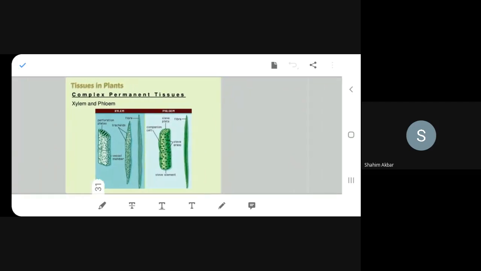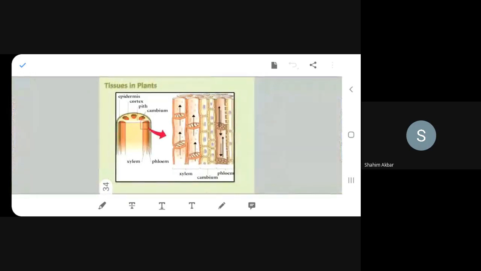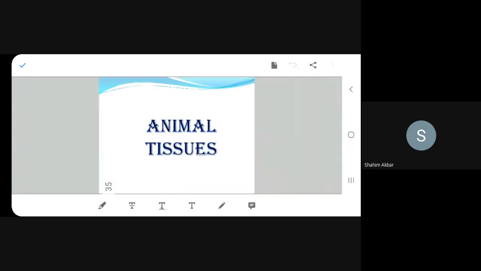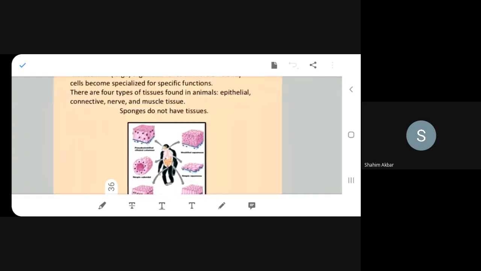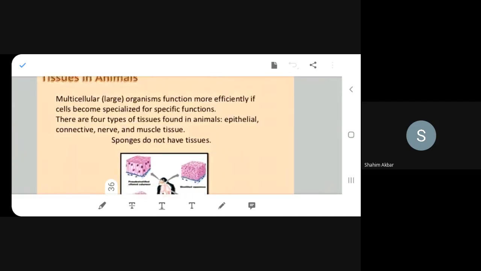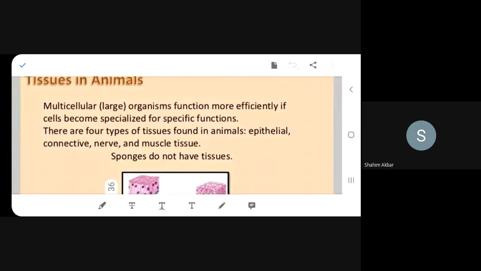Tell me. What are tissues which are helpful in the movement of the body?